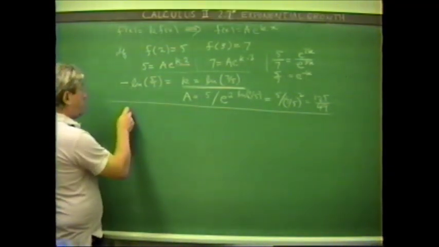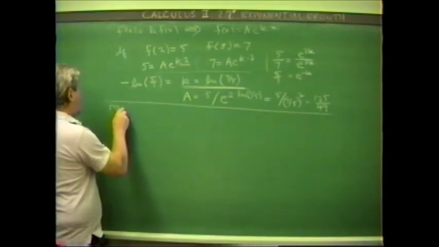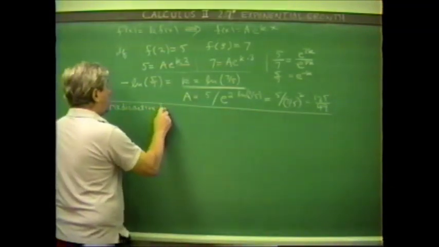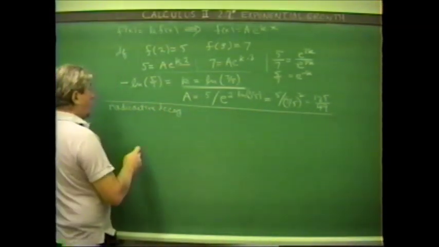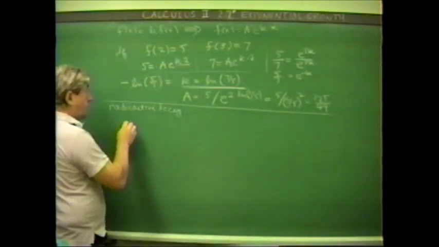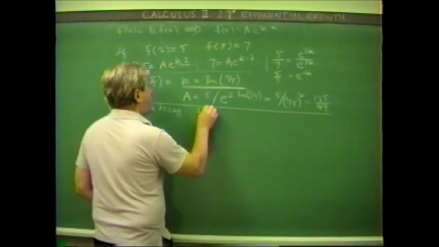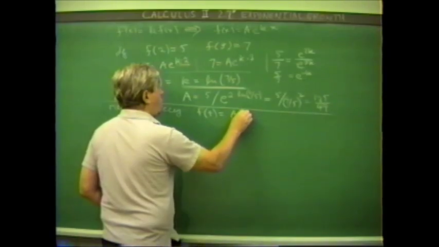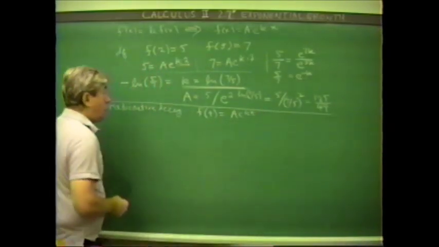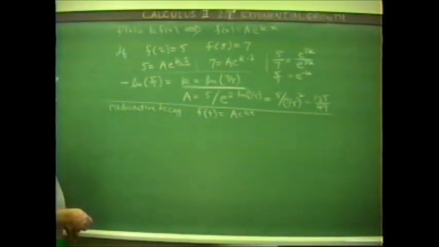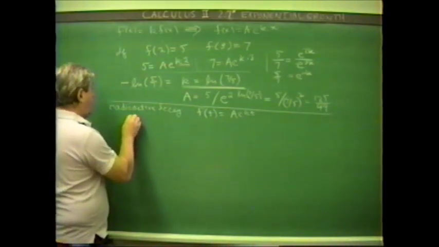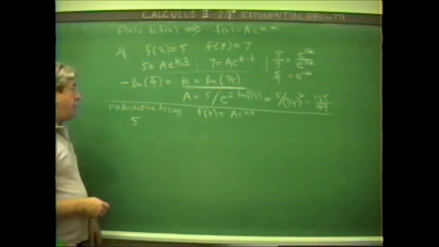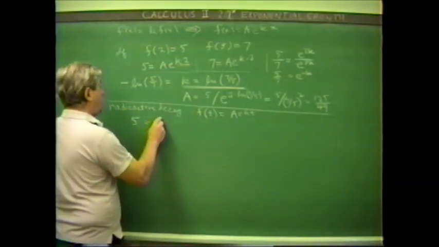All right. Let's suppose we want to look at radioactive decay. And let's suppose that we consequently want to know f of t. We know that it's equal to a e to the kt. And let's suppose that there are 5 units of the substance at time 0.